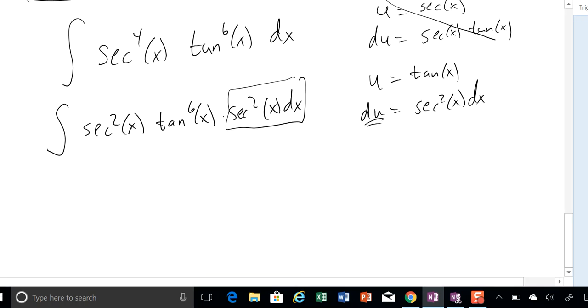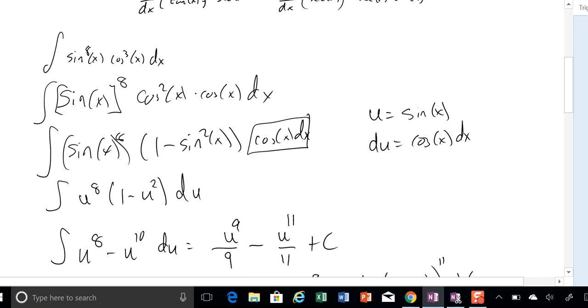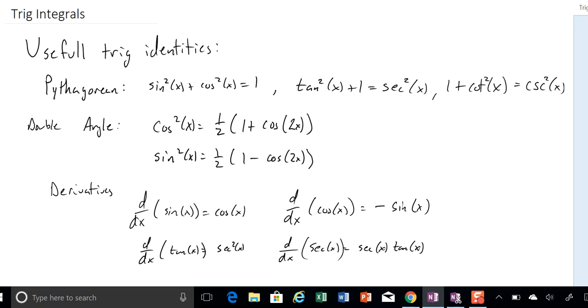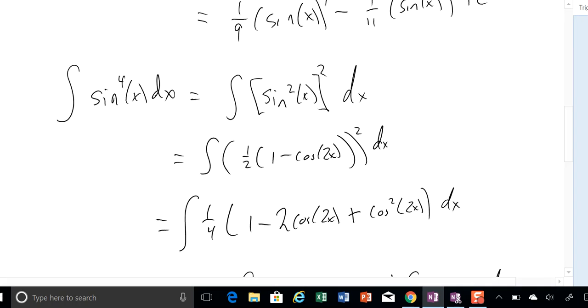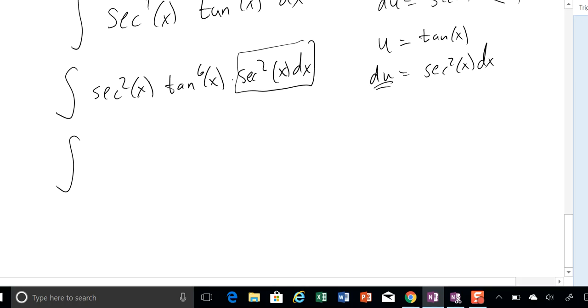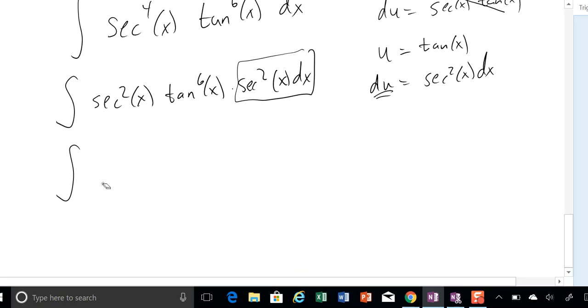But I just need to substitute for tangent, so I need to get rid of the secant squared. But I have a trig identity that tells us that secant squared, in terms of tangent squared, if we scroll back up to the top, we had that secant squared is equal to tangent squared plus 1. So I can come back down here and replace this first secant squared with a tangent squared x plus 1 multiplied by tangent of x raised to the sixth power times secant squared x dx.